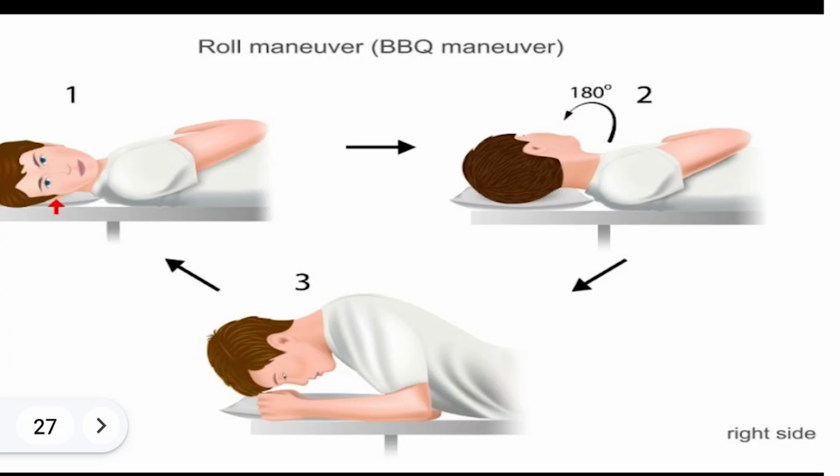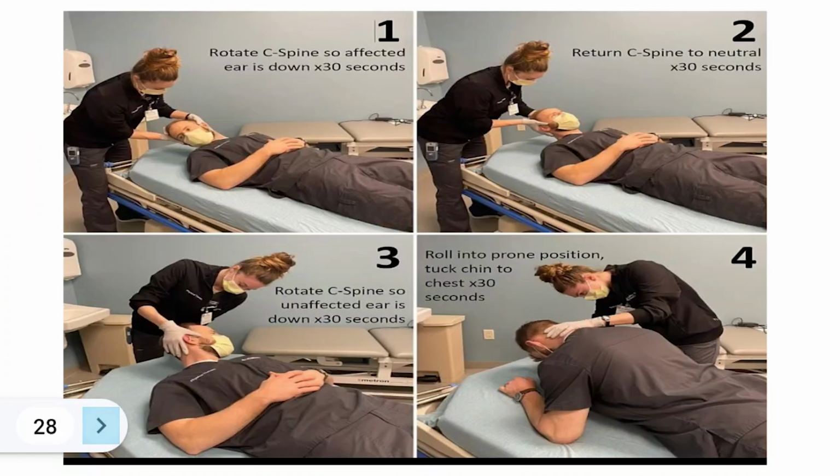After that, the patient has to lie down in the prone position with the head in 30 degrees of flexion. Stay in this position for at least 1 to 2 minutes. This causes reduction of otoconia from the horizontal semicircular canal. This is the picture showing the steps of Lempert's manner.